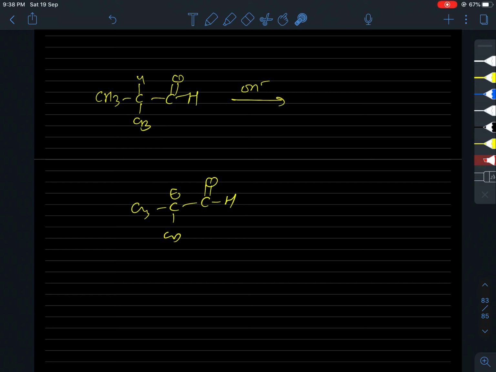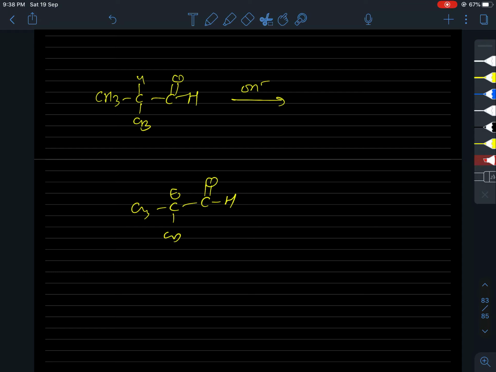See, one thing you need to understand, it is not that it will either react like this or react like this. It is happening simultaneously, attacking here also and here also. There are so many parallel reactions, like in chemical kinetics you would have heard, the one which is faster is going to win. In the same way it is going to happen here.